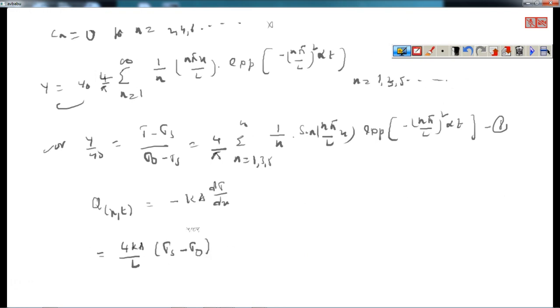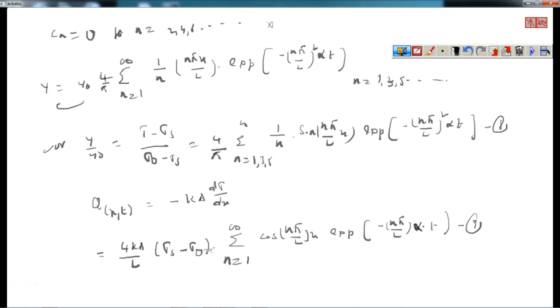In order to remove the minus, I write Ts minus T0 instead of T0 minus Ts, into sigma n equals 1 to infinity, cos n pi by L into x, exponent of minus n pi by L whole square alpha t. This is equation number 9. This is heat transfer at any time.